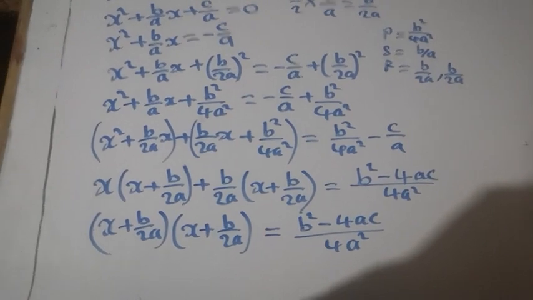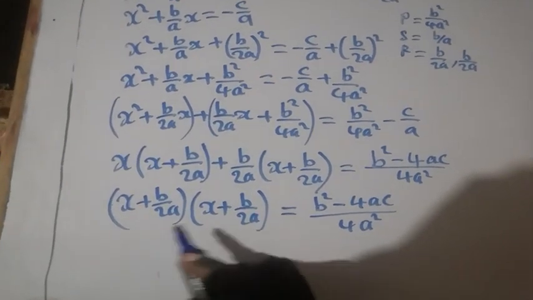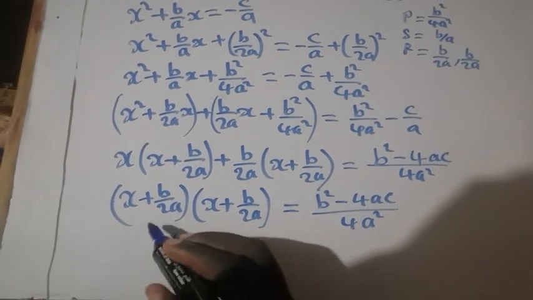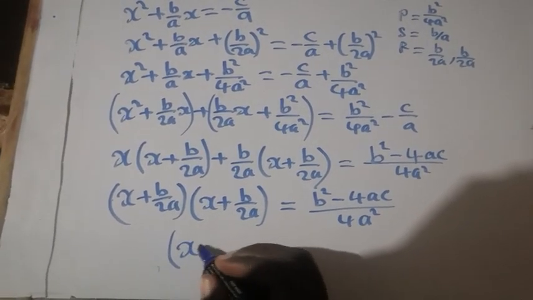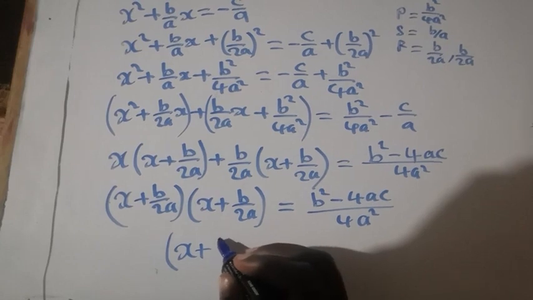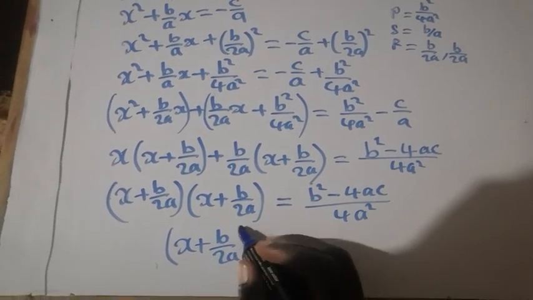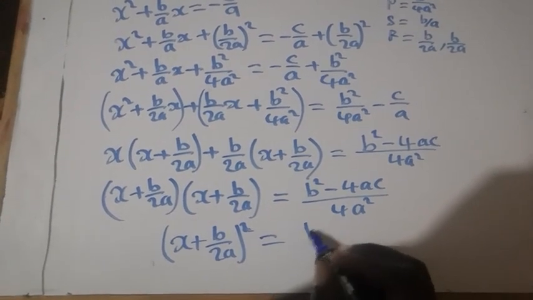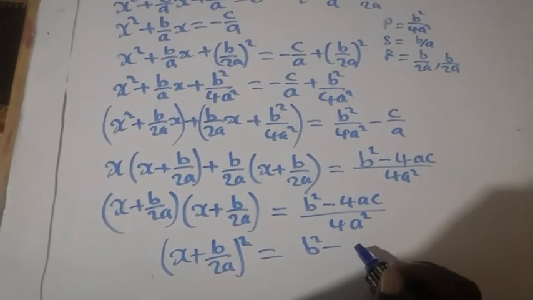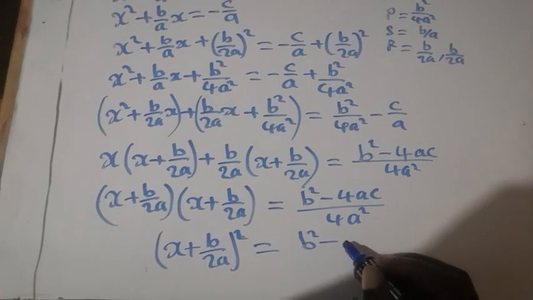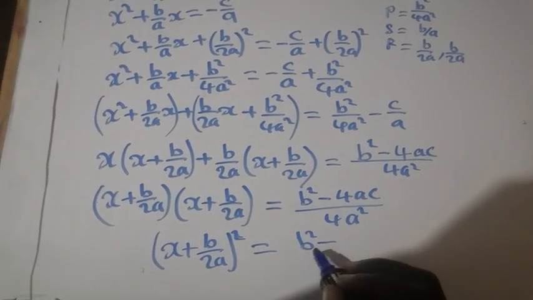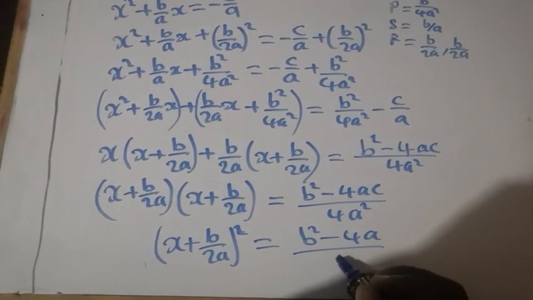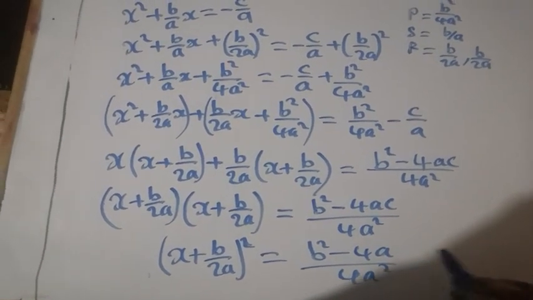At this point, we write one expression and raise it to power 2 since they are the same. So x plus b over 2a, squared, equal to b squared minus 4ac over 4a squared.